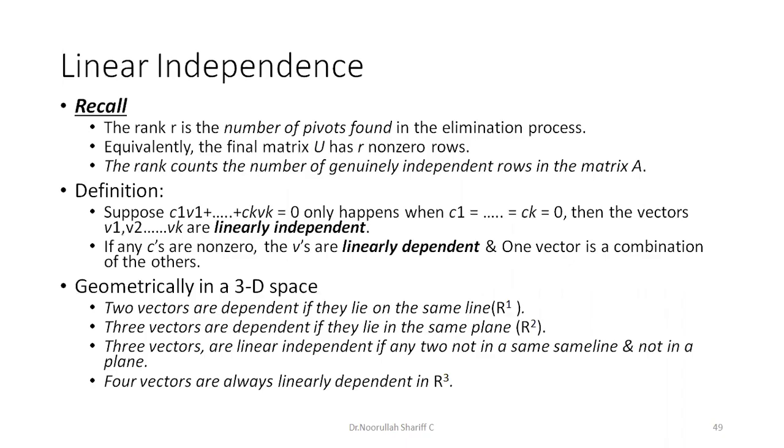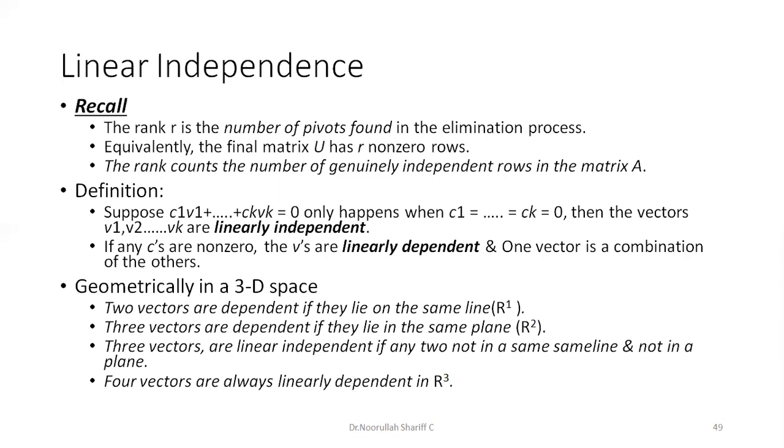Okay. So now let us consider what linear independence is. Before going to the definition, we should remember that when we say the rank of a matrix, it corresponds to the number of pivots found after the Gauss elimination process.